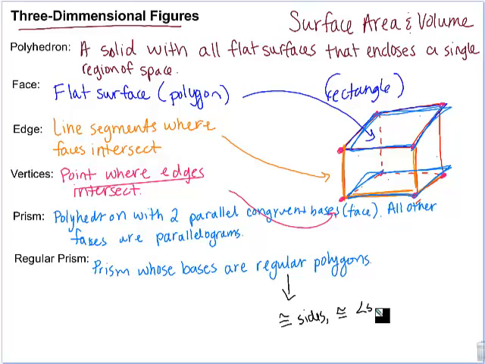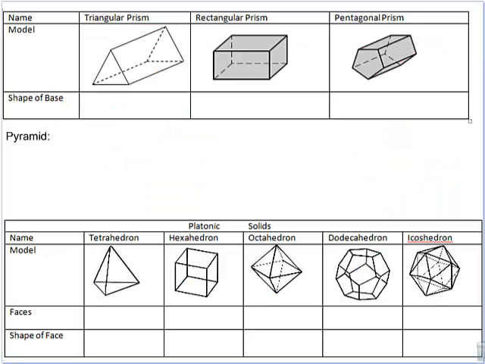Okay, so we are going to start naming some prisms and getting the idea of how we name prisms. Prisms are going to be named by the type of base it is. So we want to look at the type of base we have, and then we name it that way.